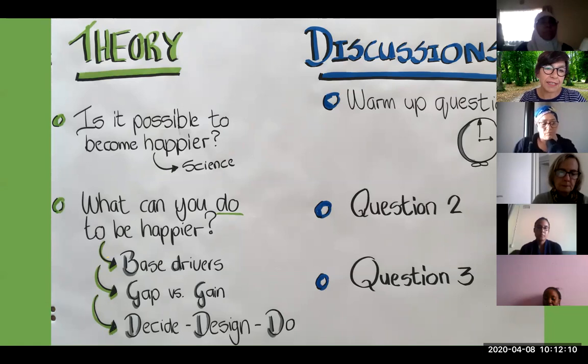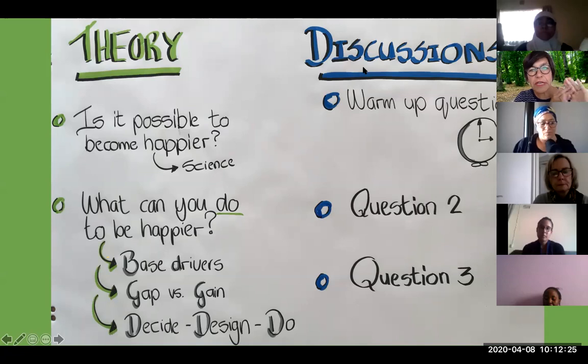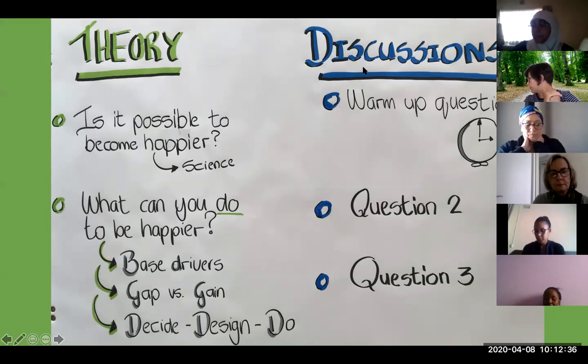And then the second section is about what it is that you can actually do to be happier. Sorry, I'm still admitting people to the session. I'm going to focus on 3 things there: base drivers for happiness, a conversation around gap versus gain, and then a framework by Paul Dolan.